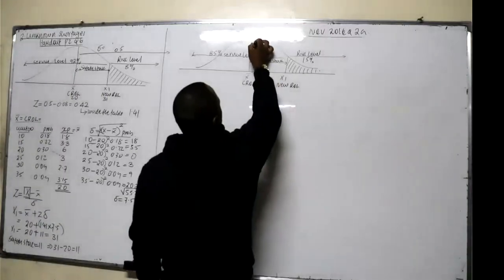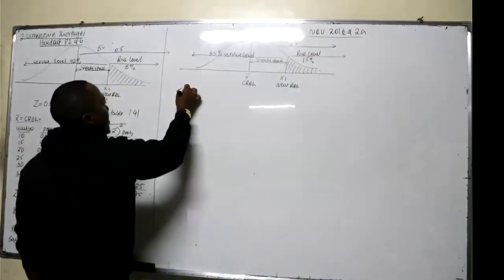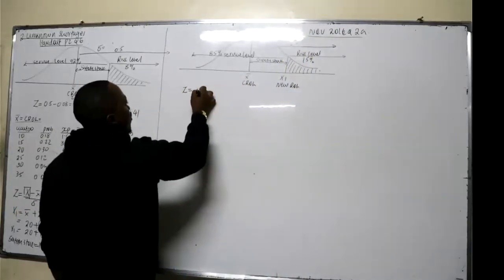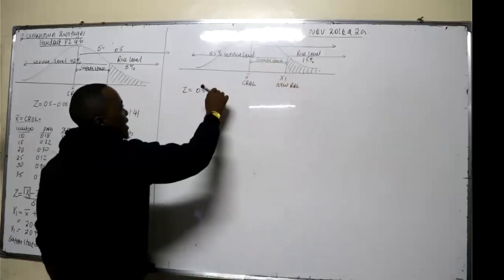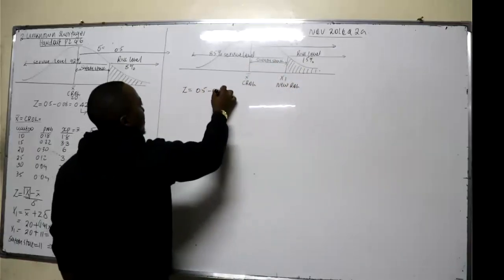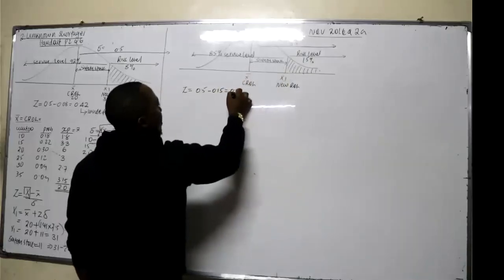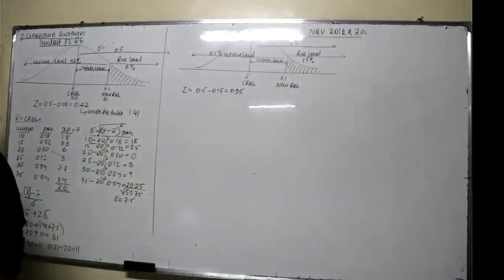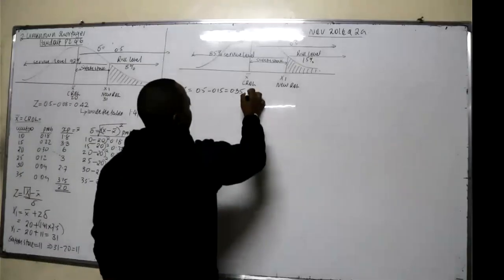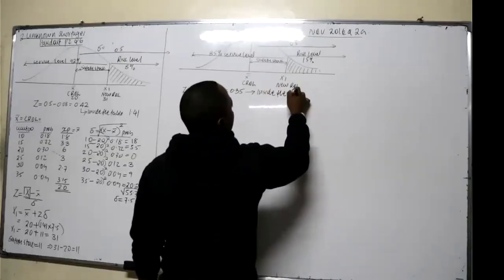So you see, all this is 0.5. To get Z, take 0.5 and eliminate the risk level of 15%. That means the safety stock level will be 0.35. But this 0.35 is the probability, and we don't need probability, we need Z. So to get Z, you read it inside the table.